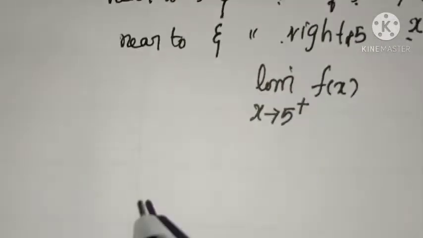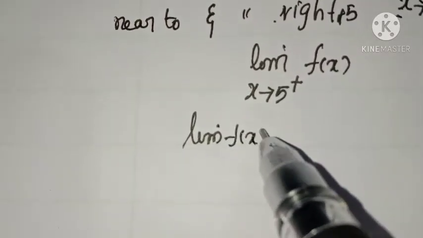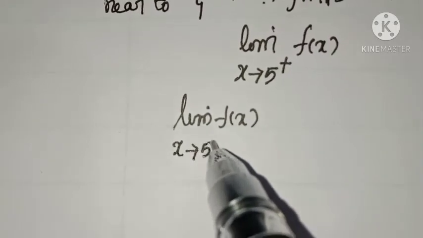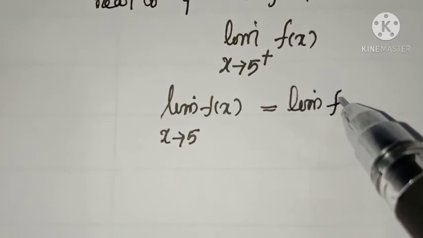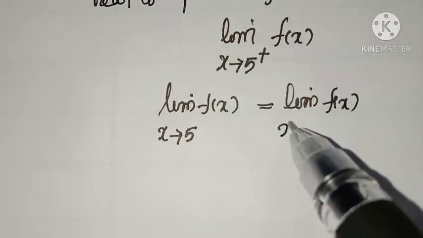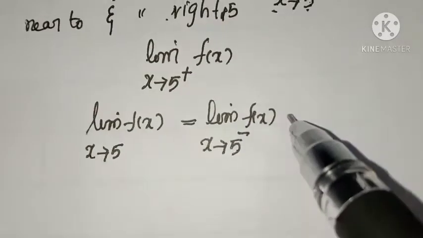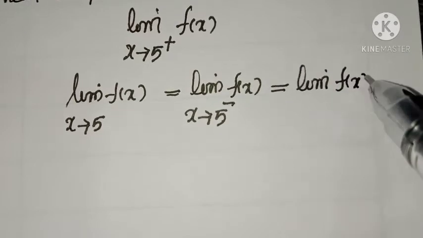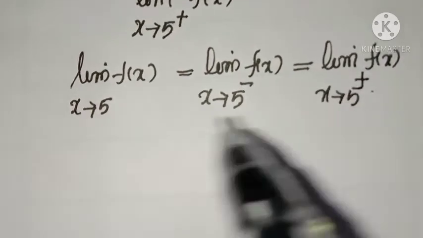So, we can write: limit of any function at the point x equal to 5 is the same as the limit of the function f of x very near to 5 and to the left of 5, which is equal to the limit of the function very near to 5 and to the right of 5.